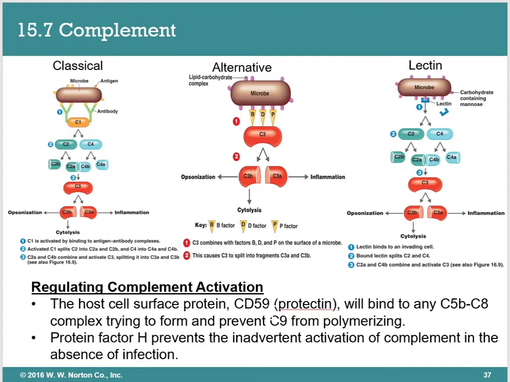But the difference is their binding. So classical requires an antibody, whereas alternative does not require an antibody. And then lectin requires the presence of lectin as well as the mannose binding site. Okay, that's all I want you to know. I'm not too concerned about how it's regulated, so just ignore that.